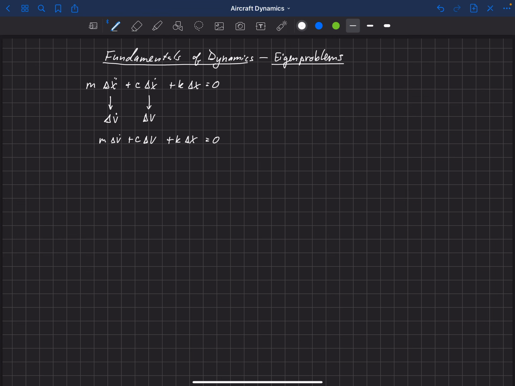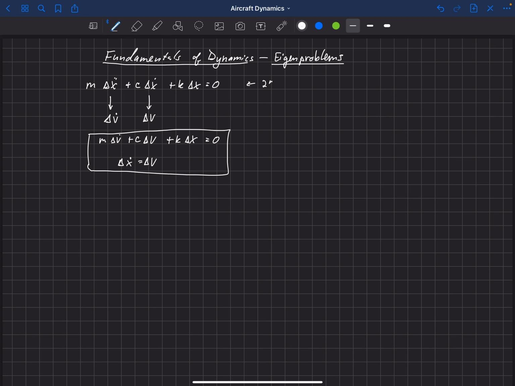And then in order for that to really be true, I have to add an equation that says that delta x dot is equal to delta v. Okay, so this is my new set of equations, and you notice that this is now a system of equations that has to be solved simultaneously. So we used to have a single second order equation.